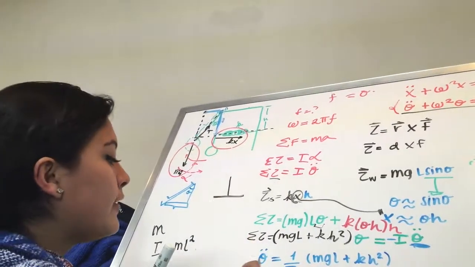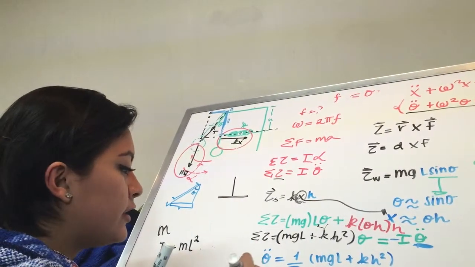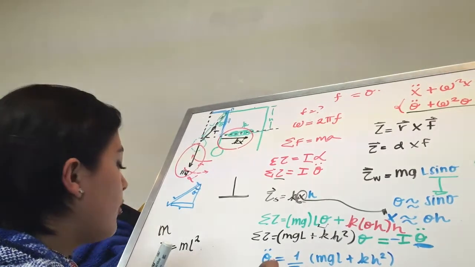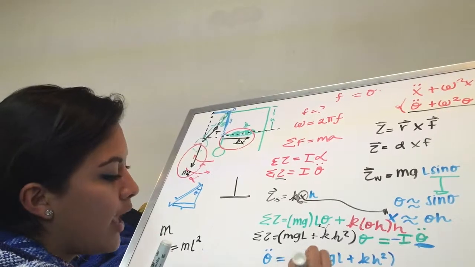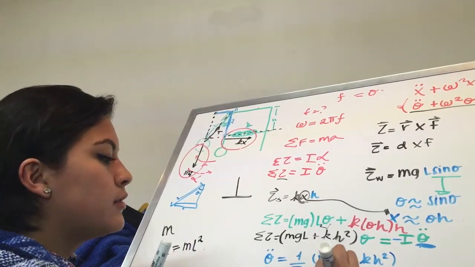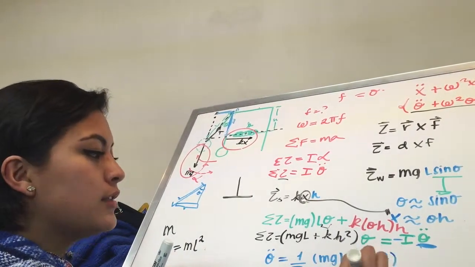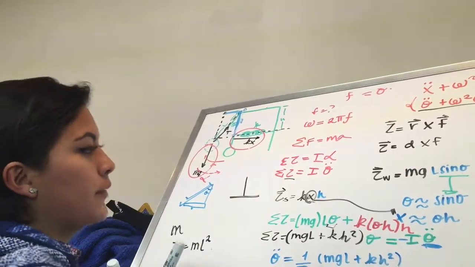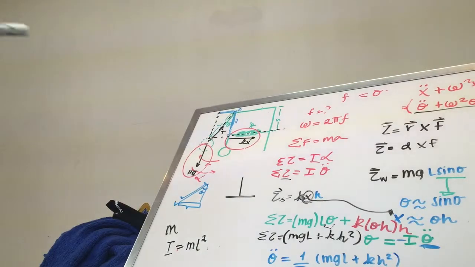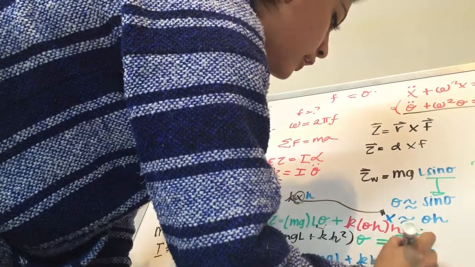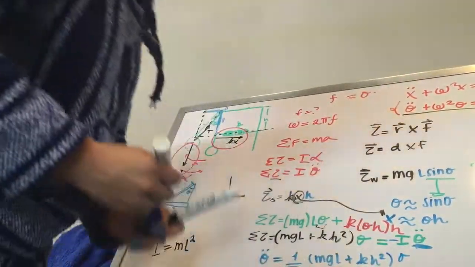So we can have that this will be the angular acceleration equal to 1 over minus m times L squared times m plus gl plus k constant h squared. So now, as we have all of our components here, I forgot to write the angle here.